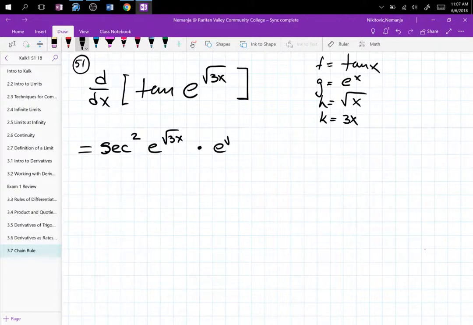So you get to copy this thing, and now you have to take the derivative of the exponent. Now that's the derivative of square root. You know that's 1 over 2 square root, and you have to put 3x there. And then finally the derivative of 3x is 3. Woohoo. There it is.